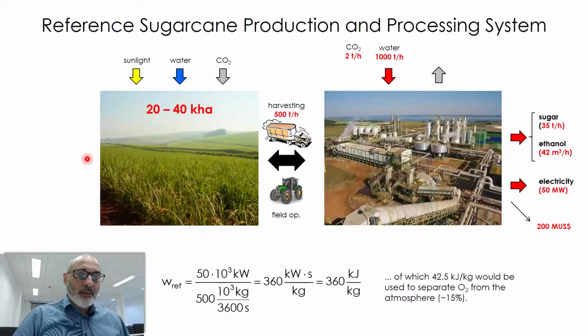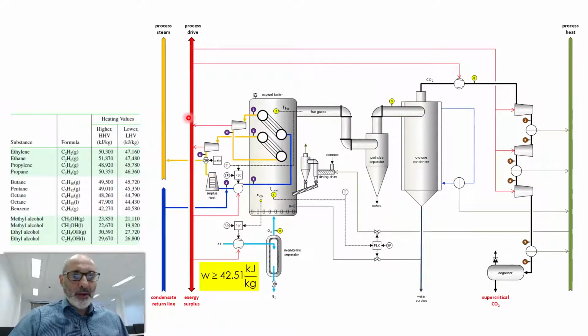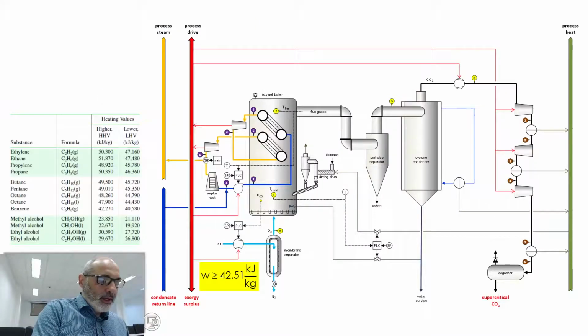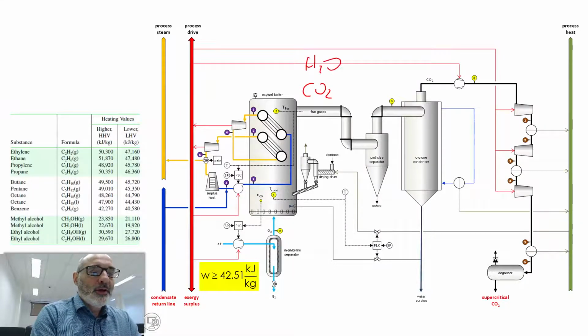I already explained this diagram here for you. We have flue gases here, which are actually, let me get my pen, CO2, O2, and H2O here, because it's an oxy-fuel process.